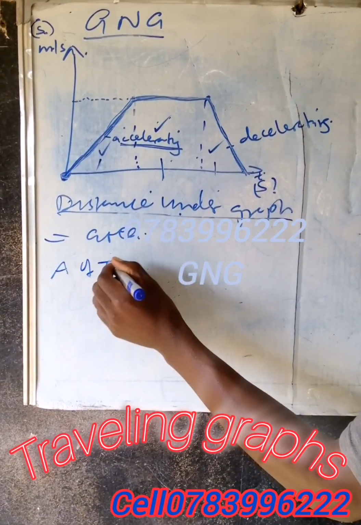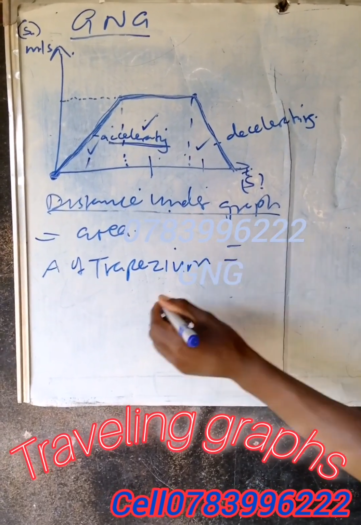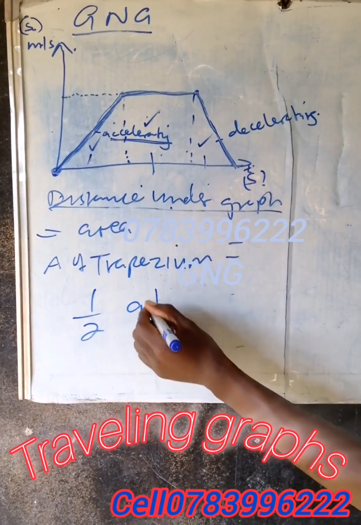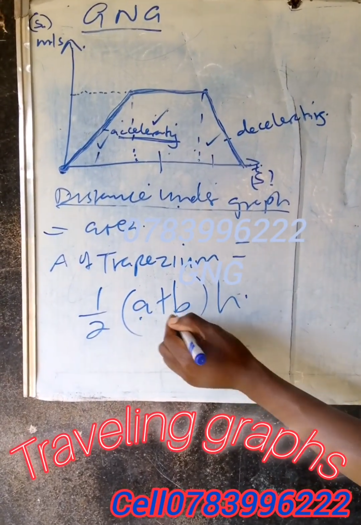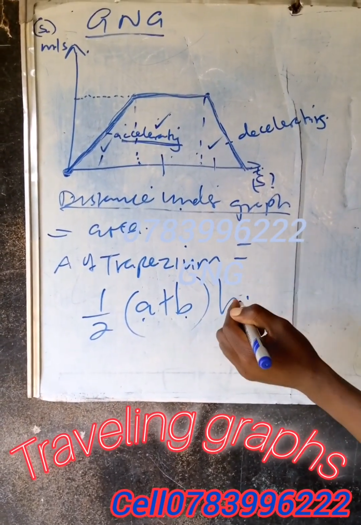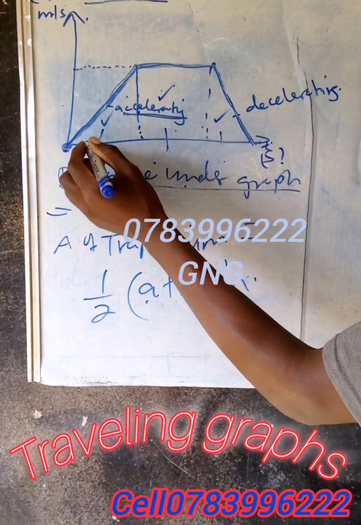Area of a trapezium is equal to half (a plus b) times h, where a and b are these parallel lines.